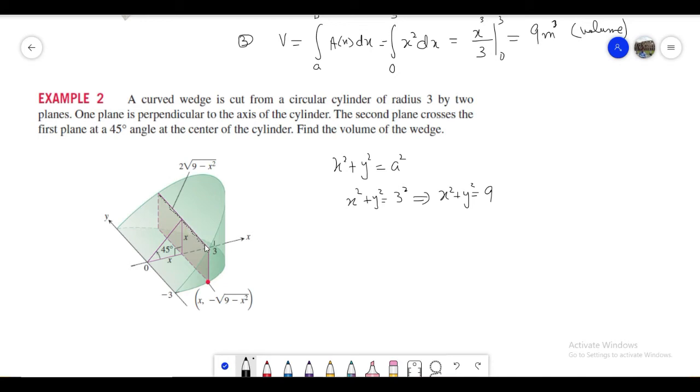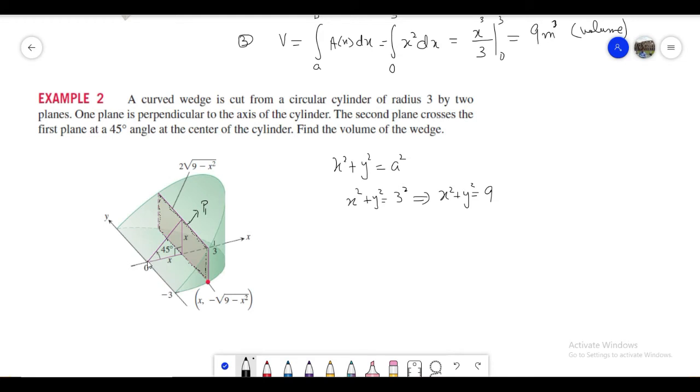This is the first plane, you can call it P1. And the other plane, which is called the second plane, crosses the first plane at an angle of 45 degrees from the center of the cylinder.